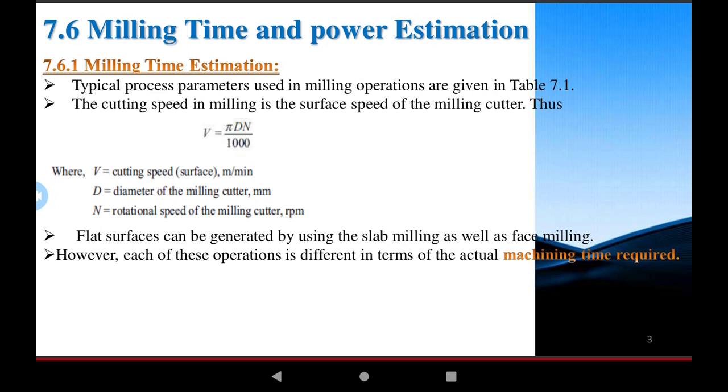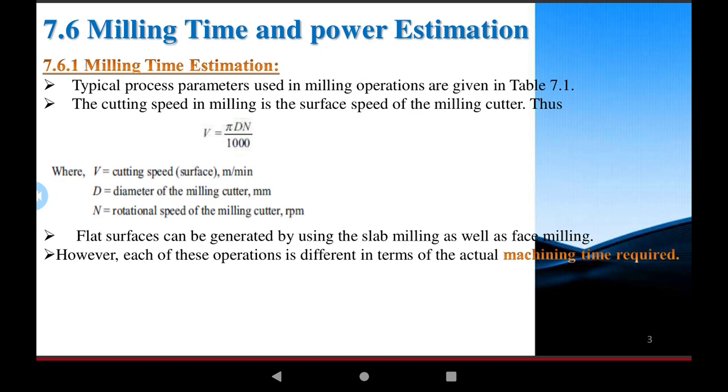These are the functions of the manufacturing operation used in the mechanical industry.